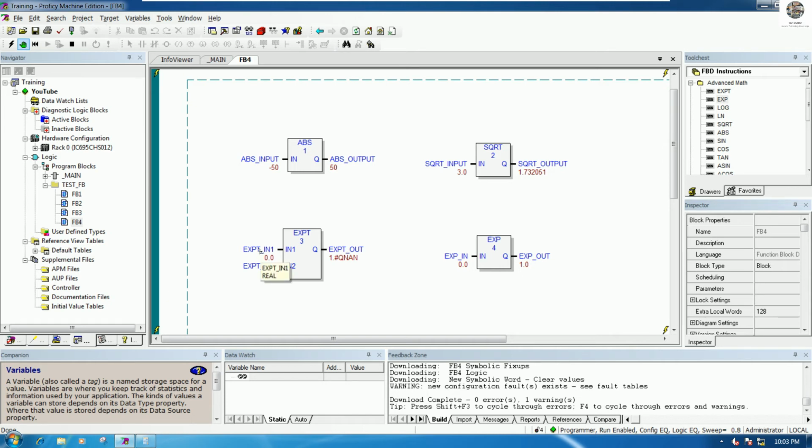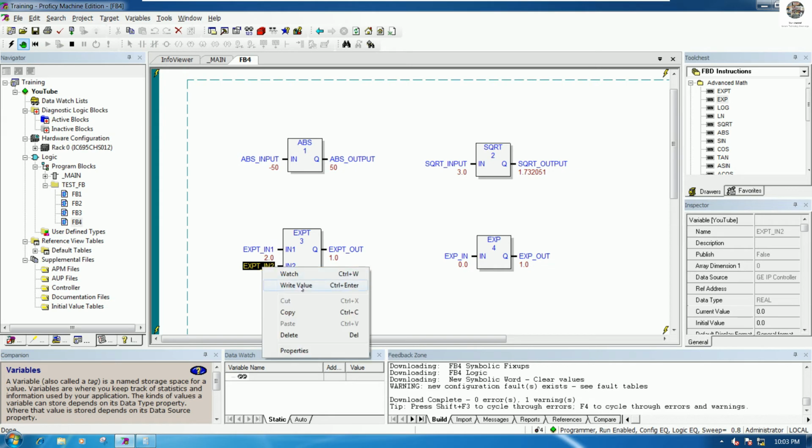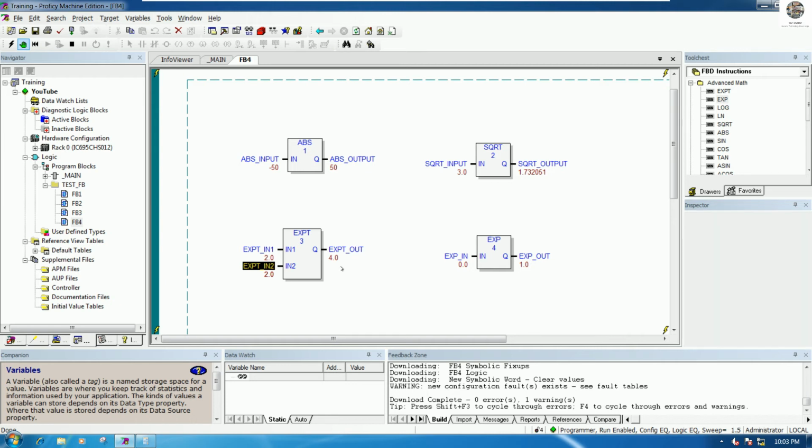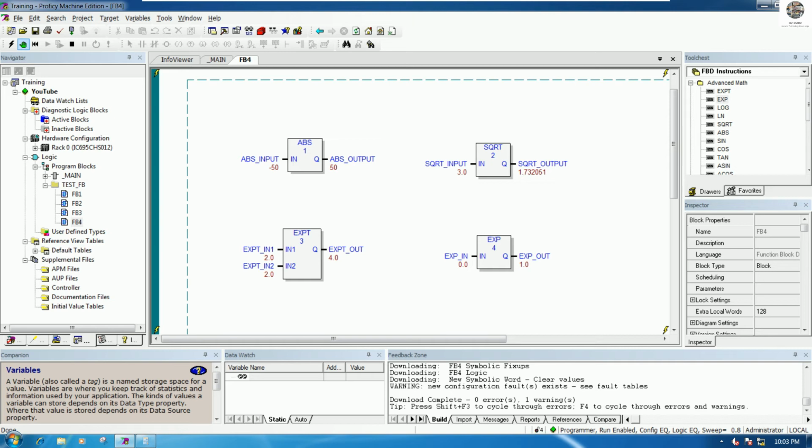So for example, 2 powered by 0 equals 1. And for this example, 2 squared equals 4, and for example 2 powered by 10 equals 1024. It is correct.